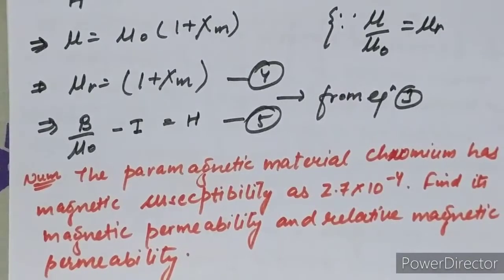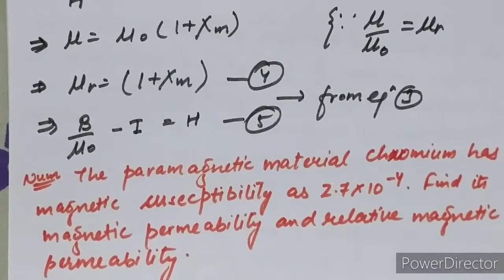In the question there is one paramagnetic material, chromium, and the value of magnetic susceptibility, chi m, has been given. We have to find the magnetic permeability and relative magnetic permeability.